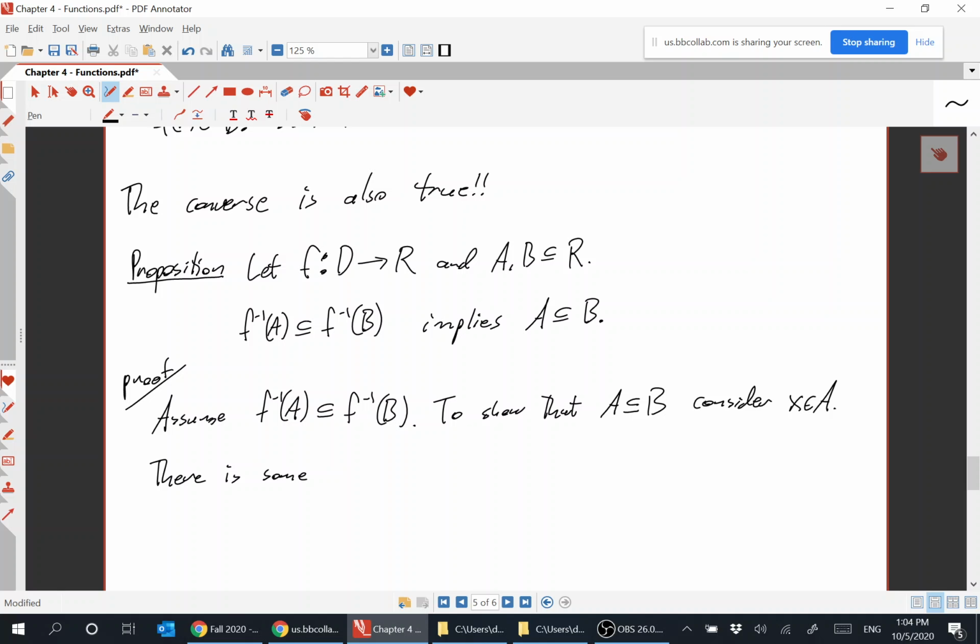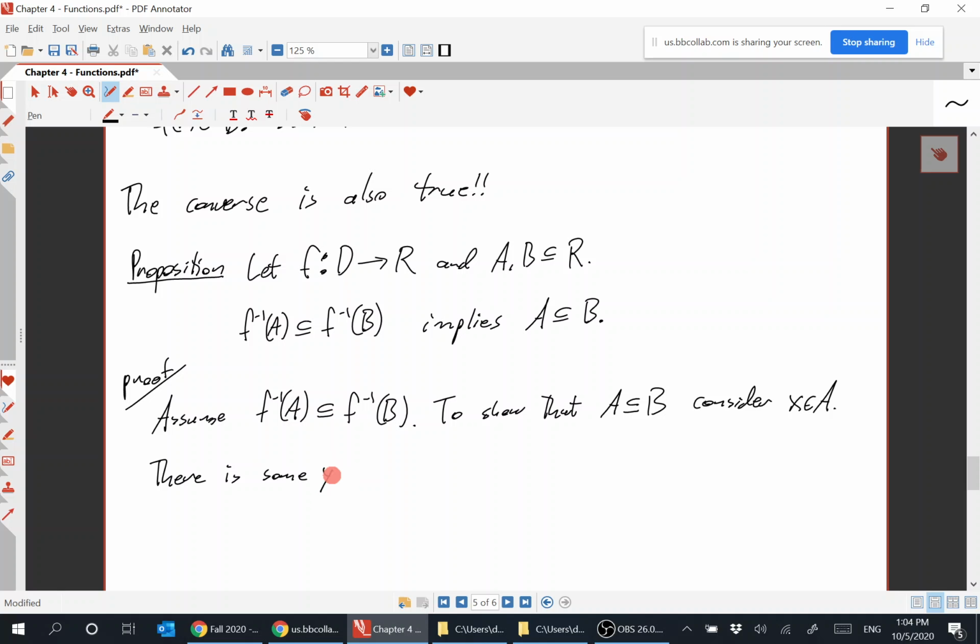Yeah, I guess we could do it that way. I want to do it this way, I think, for this one, just to practice with the definition a little bit more explicitly. But what you said is right.